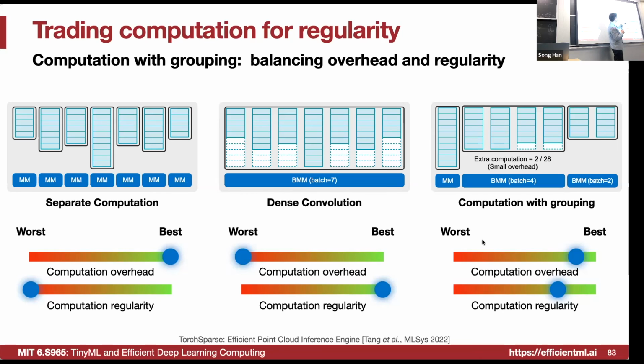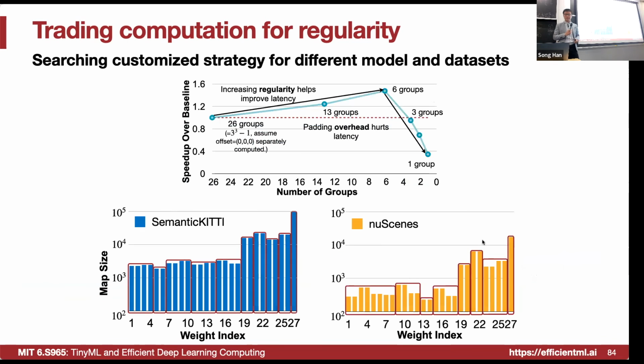The computation overhead is smaller, and the regularity is worse than the right scenario, but still pretty good compared with the left scenario. As we can imagine, as we increase the number of groups, the speedup first gets better and then gets worse. Initially it gets better because the irregularity problem is reduced, but later it gets worse because the padding overhead will kill the efficiency and generate a lot of redundant computation.